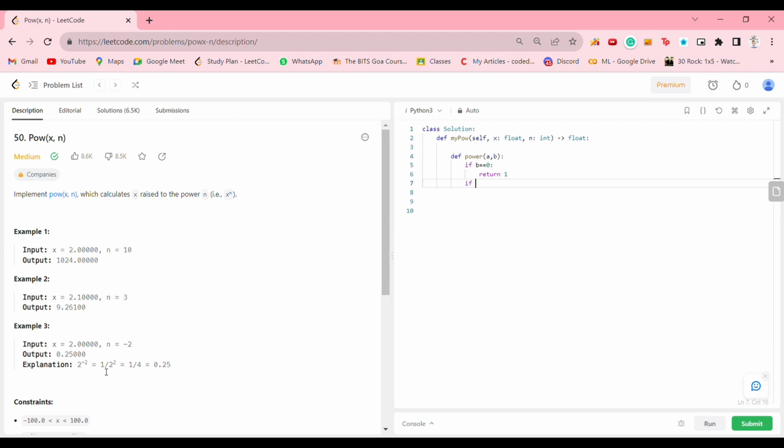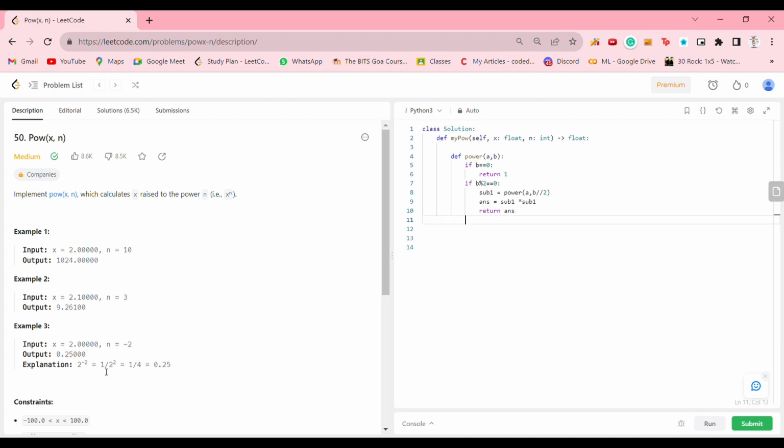In the case that b is even, what we do is we solve the sub problem of power a comma b by 2, right? And then we multiply the answer of this sub problem with itself to get the answer of the original problem, right? So answer is equal to sub 1 times sub 1, right? And then we can just return this answer simply.